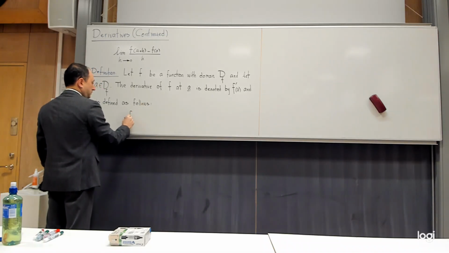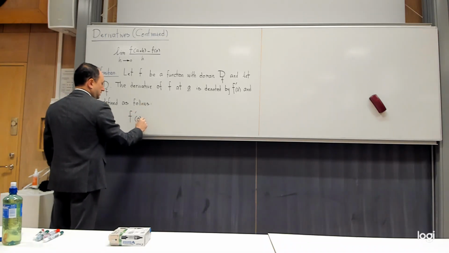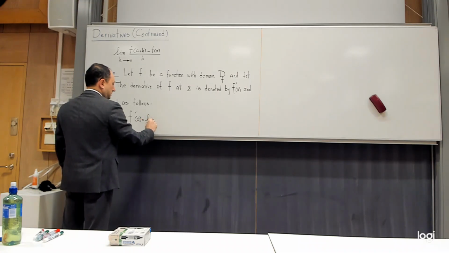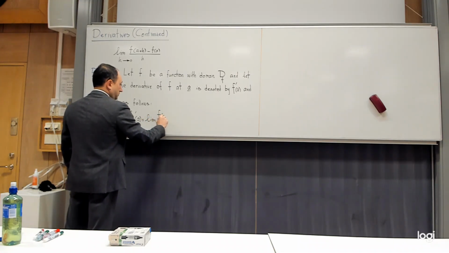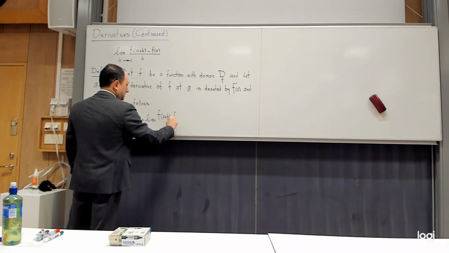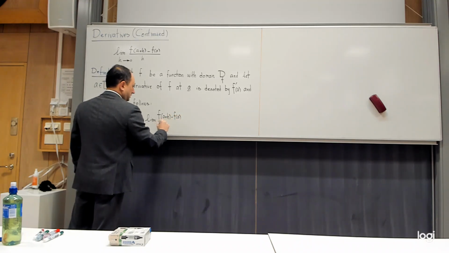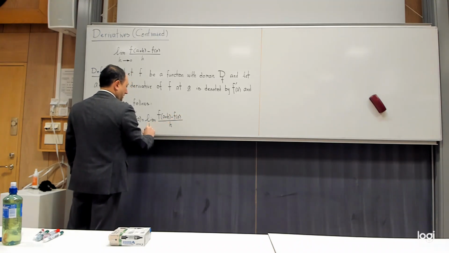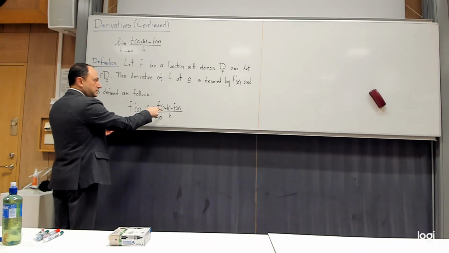We say that f prime of a is the limit of f of a plus h minus f of a, divided by h, as h goes to 0, provided that this limit exists.